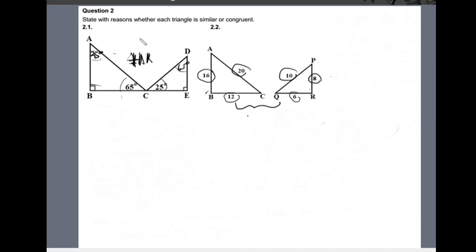So in the case of 2.1, we saw that the corresponding angles were equal, and in the case of 2.2, the corresponding sides are in the same proportion. So these two triangles are similar and those two triangles are similar. Okay, I hope it makes sense. Moving on to another question.